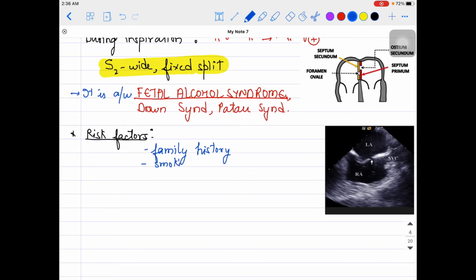If the mother is smoking or consuming alcohol during pregnancy, then it increases the risk of ASD in their child, right?